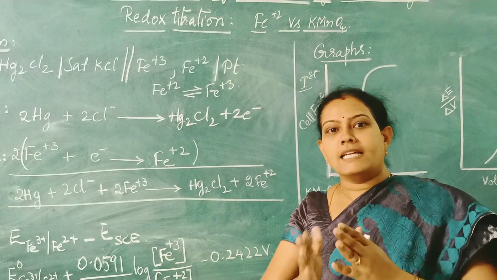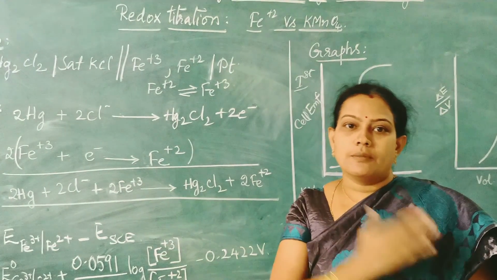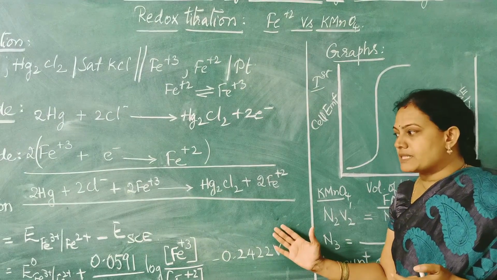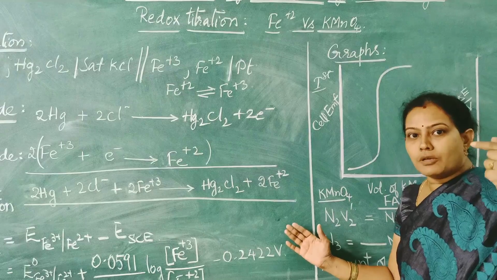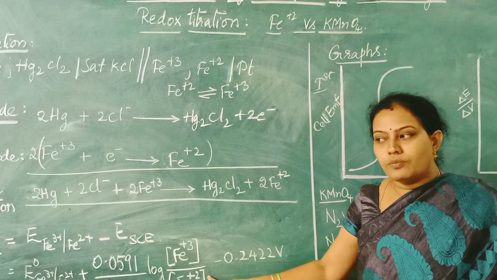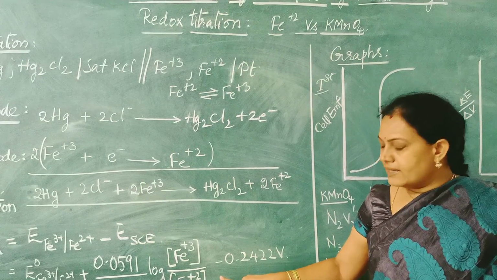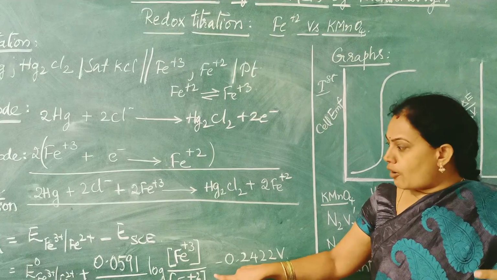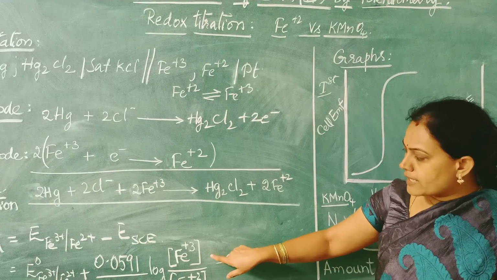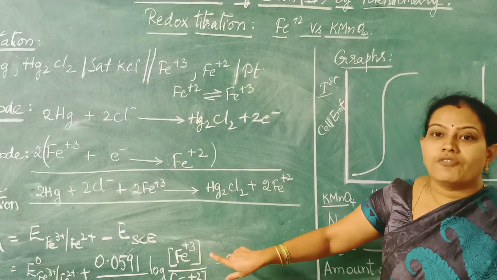The cell EMF values in this case are going to be different from what we have seen in the previous experiment. Now, in this particular condition, whenever you are adding KMnO4 to the ferrous solution, there is going to be a decrease in the concentration of ferrous ions, and the added KMnO4 oxidizes the ferrous ions to ferric ions, and therefore there is going to be a continuous increase in the concentration of ferric ions.